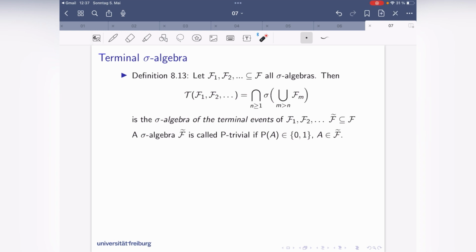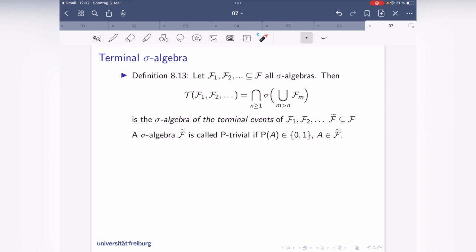And we now have another sigma algebra, the terminal sigma algebra. And remember the lim sup of sets from the last video in the Borel-Cantelli lemma. This is an element of this thing here. In general, what's the terminal sigma algebra?